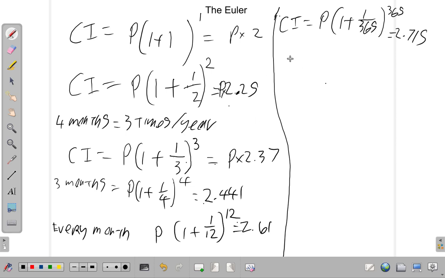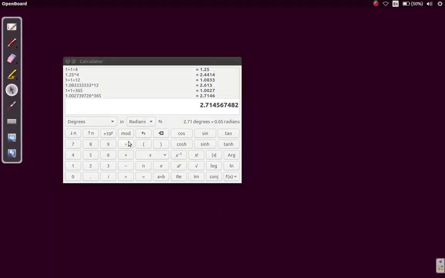Now suppose you say, no, I want the loan to mature every hour. What you will get if the loan matures every hour and is reinvested after every hour is the principal times 1 plus 1 over how many hours are in a year. You have 24 hours in a day times 365 days in a year. You get 8,760.